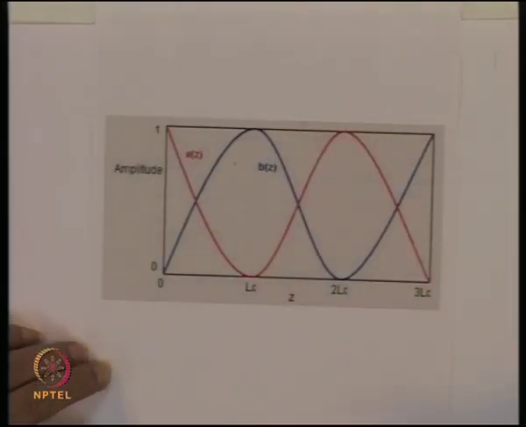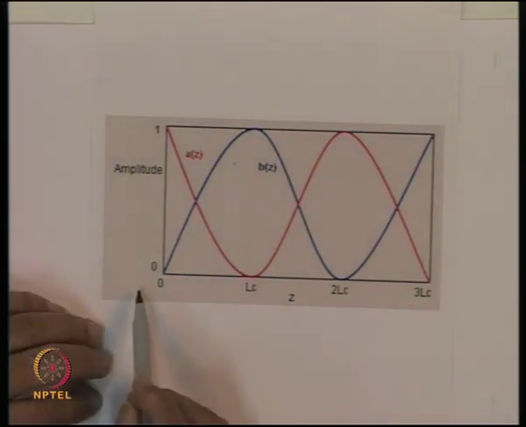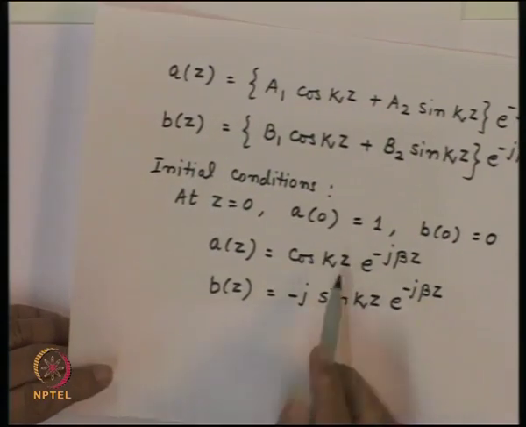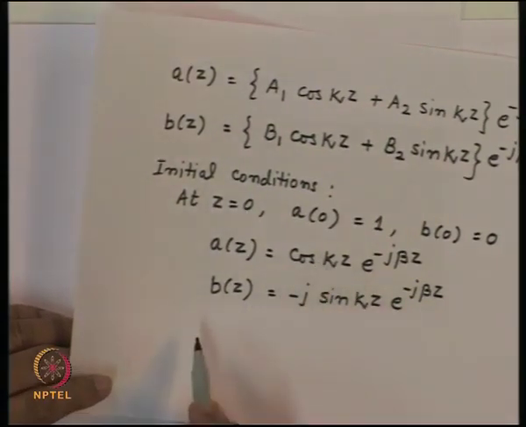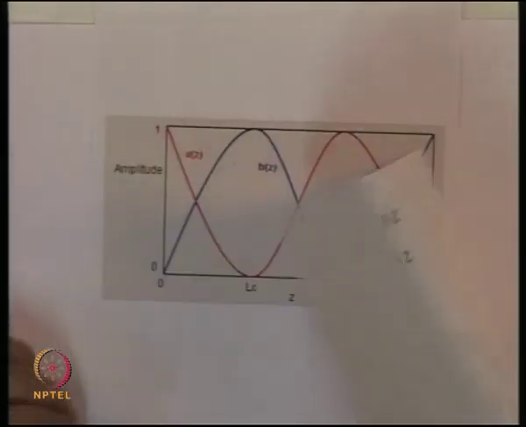So what we have seen qualitatively is that as the signal starts propagating, after a certain distance, the entire power has been shifted to the second waveguide. And that's what is shown here, that if I go to a distance such that kz is equal to pi by 2, then this quantity has become 0 and this quantity has become 1.